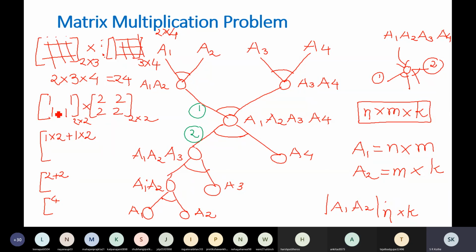For each element, how many multiplications have you performed? 3. This element with this, second with second, third with third. Addition we are ignoring. So 8 elements, and for each element you need 3 multiplications, therefore there will be 24 multiplications, and this is also 24. This is how you can verify that. Any question up to this?